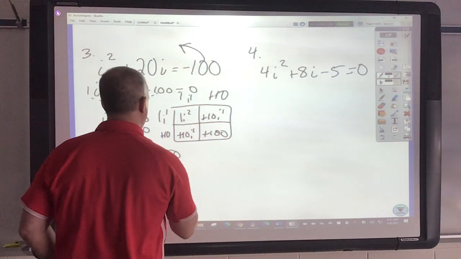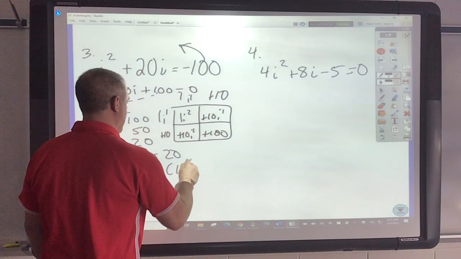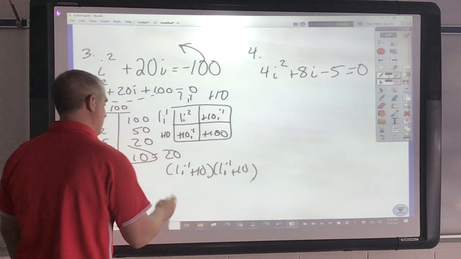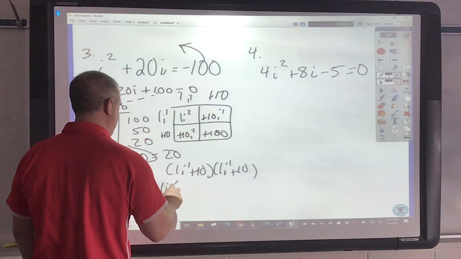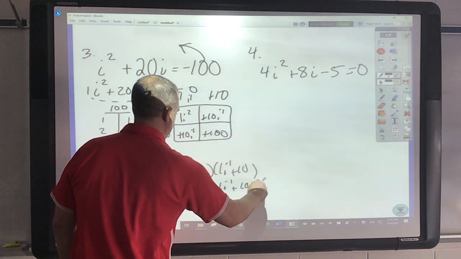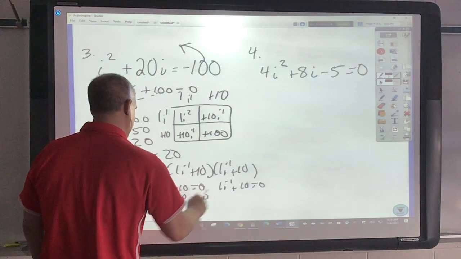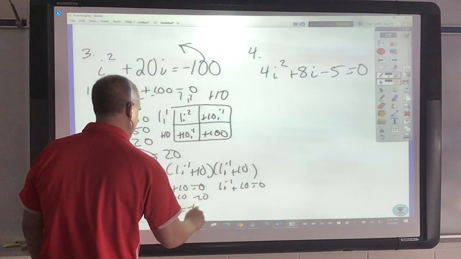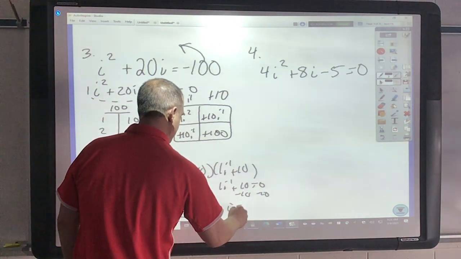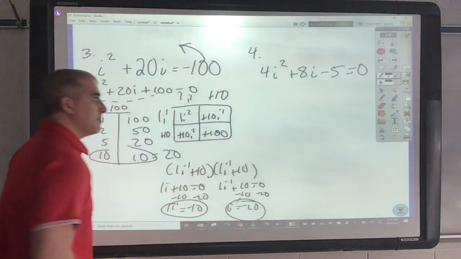So my factors are 1i to the first plus 10, 1i to the first plus 10. If I set those equal to 0, subtract 10, I get i equals negative 10.